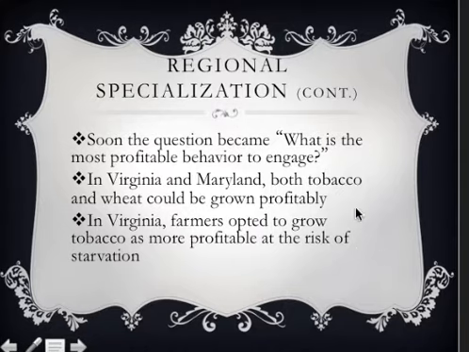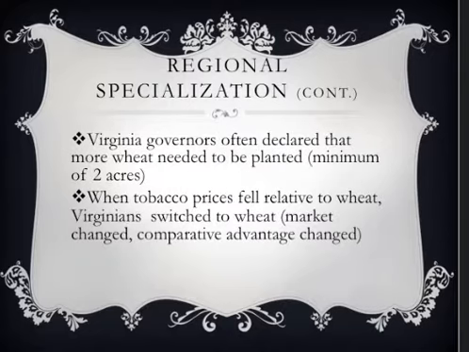So realize that these individual regions had to make these different types of trade-offs. If they saw a staple product that could be grown profitably, they had to decide how much they were going to grow. And when they decided how much tobacco they were going to grow, the trade-off was that there was less wheat that they could produce on their own to feed themselves.